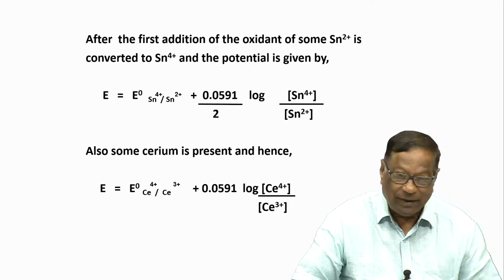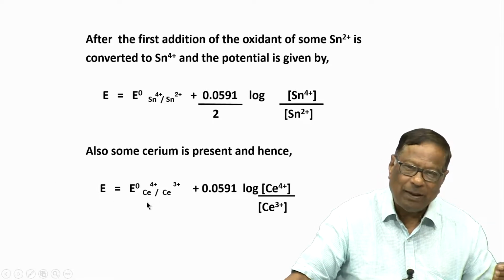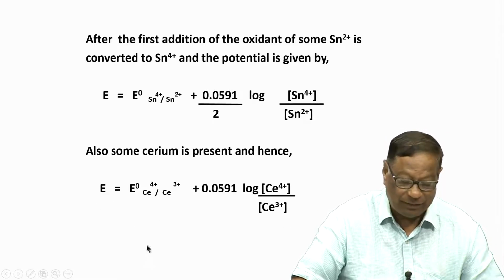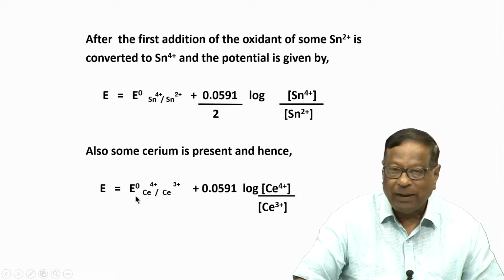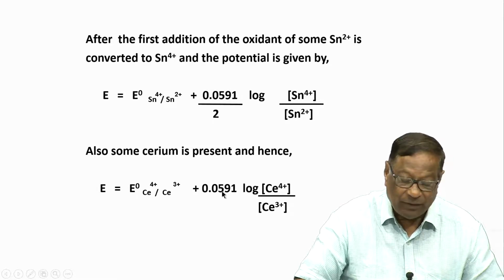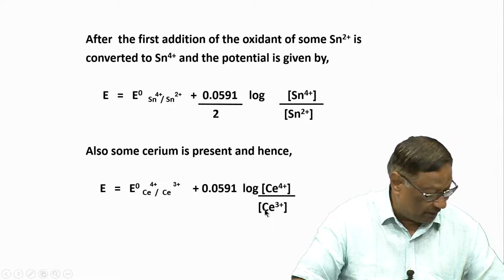So, ceric cerous also will be complementarily available the moment you add the first drop of the ceric solution. So, I can equally write another reaction, that is E naught ceric cerous plus 0.0591 logarithm of Ce4+ by Ce3+.